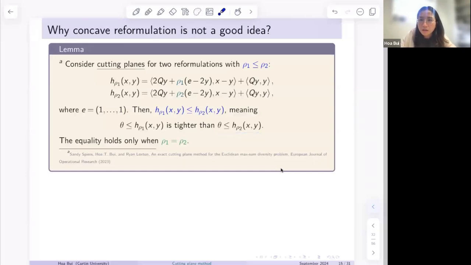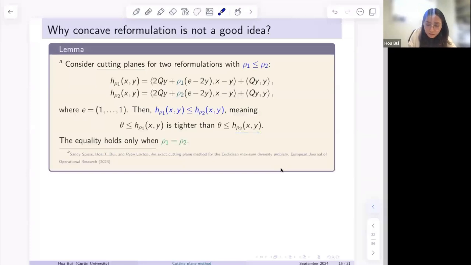So when you choose rho as the largest eigenvalue of the matrix, that value can be too large, and that's why it's not a good idea.